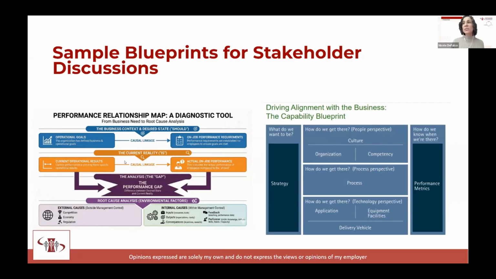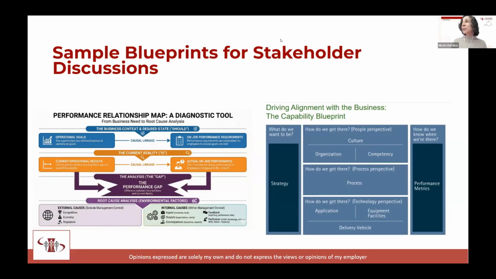The idea in both of these is just to show we have business goals and we have on-the-job performance, and somehow we have a gap. We're not hitting the business goals, so we need to look at what is causing that gap between the goals we want and the goals we're getting. And we sort of dive in and we look at external factors and internal factors to get there. Again, not assuming that it is knowledge, attitude, skills, and habits of the learner. These are just examples for you. You can use them or not use them.